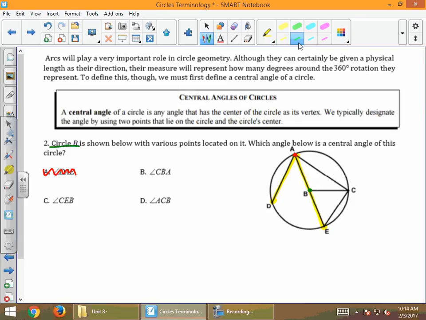C, E, B. From C to E. Is that a central angle? No, the vertex is on the edge. Not it. Okay, let's highlight the next one.